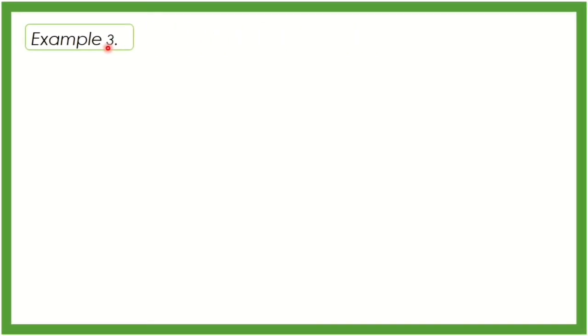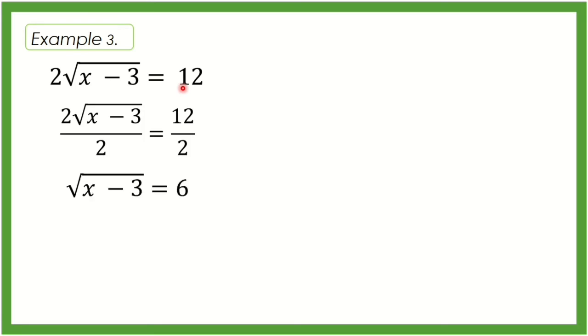Let's have another example. 2 square root of x minus 3 equals 12. Pwede natin i-simplify. Divide natin both sides by 2. Simplify. So, makakancel yung 2 over 2. Ang maiiwan na lang is square root of x minus 3.